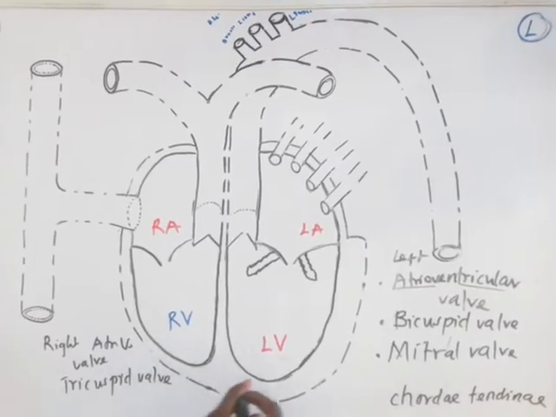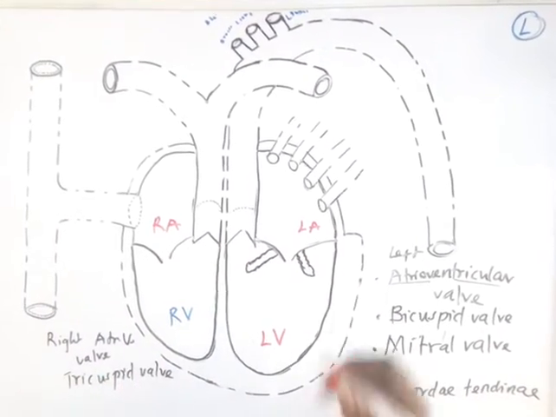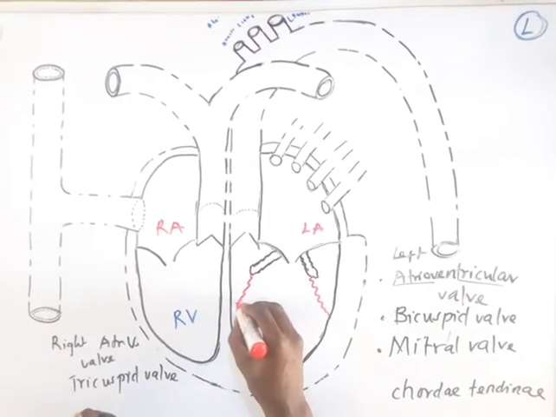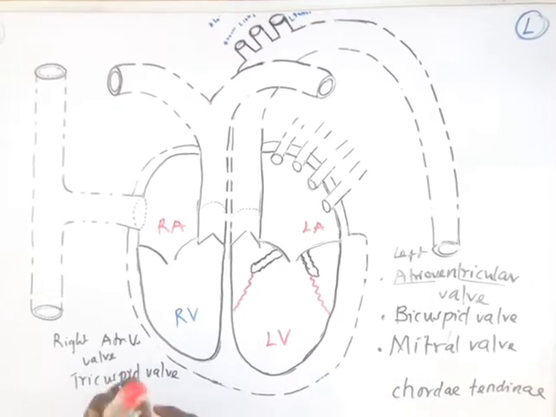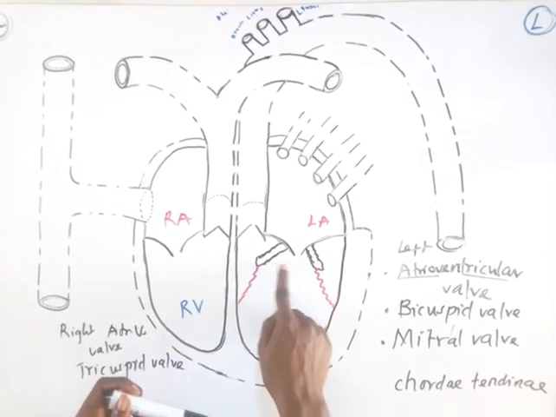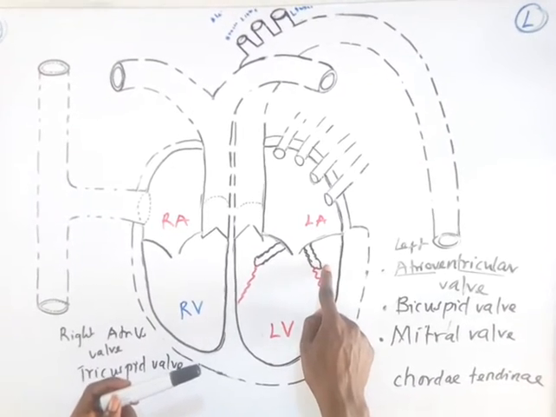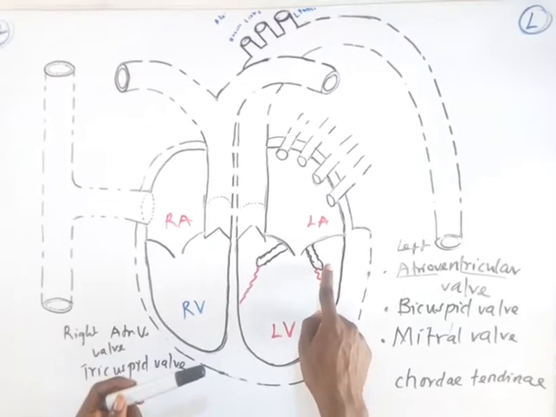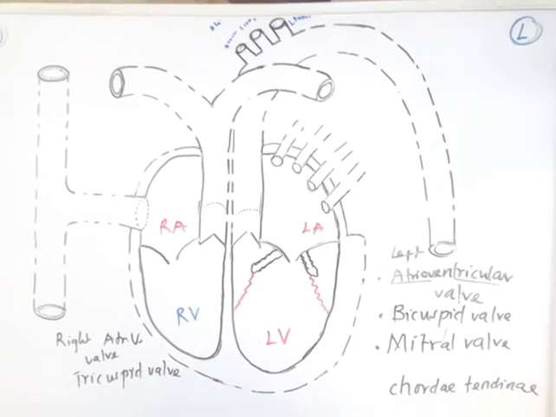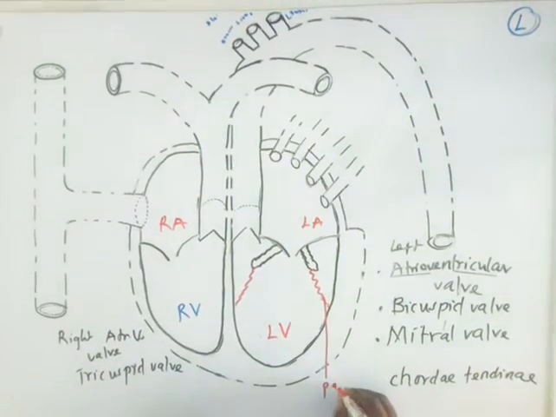These tendinous cords hold the valve with the help of a muscle at the periphery. The muscle able to hold these tendinous cords, the chordae tendineae, to the periphery is called the papillary muscle.